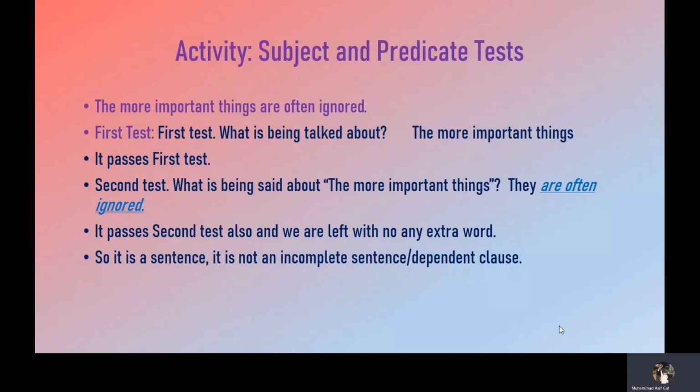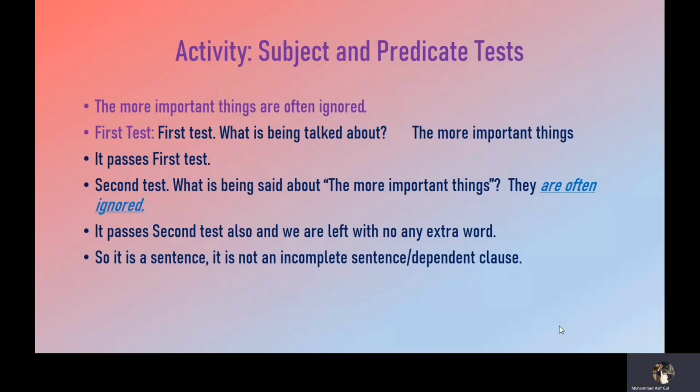When we apply this subject and predicate test on a title or on a statement and we are left with no extra word, it means that the title or the statement under consideration is a complete sentence, and it is not an incomplete sentence. It is not a dependent clause. It is not a subordinate clause.